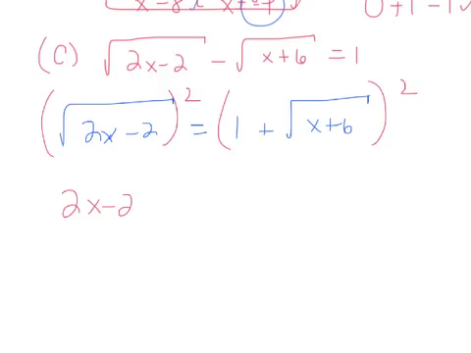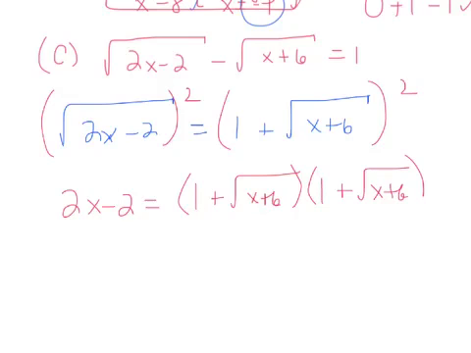That becomes 2x minus 2. But the right-hand side, we have to remember that what this really is 1 plus root x plus 6 times 1 plus root x plus 6. That's what this really is. So we're going to have to FOIL this. So the left-hand side, again, is still simple. I'll leave that alone. The right-hand side, FOIL, gives me 1 times 1 is 1.